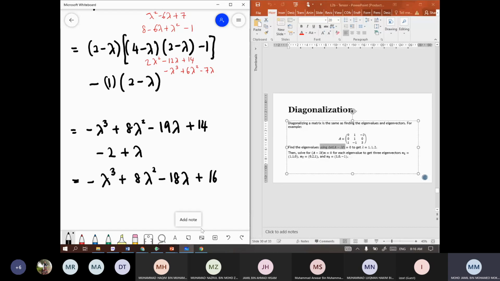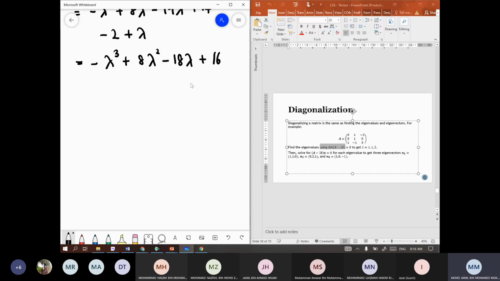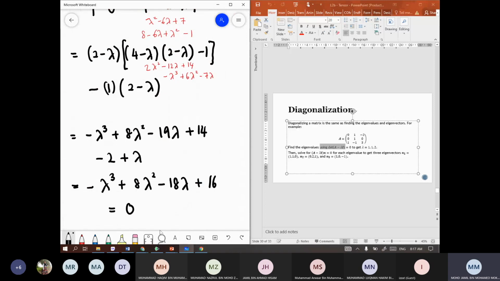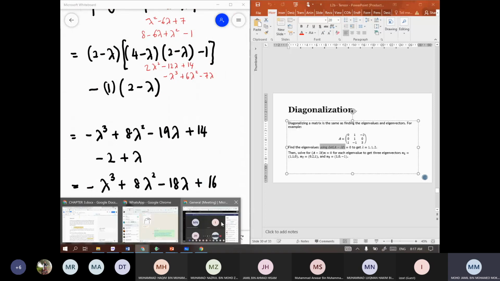So I hope I'm doing this correct. Then after you get this equation, you can find the factors, meaning find the lambda when this equation equals 0. Okay, so you can use a calculator to calculate. Okay, we can check using Symbolab.